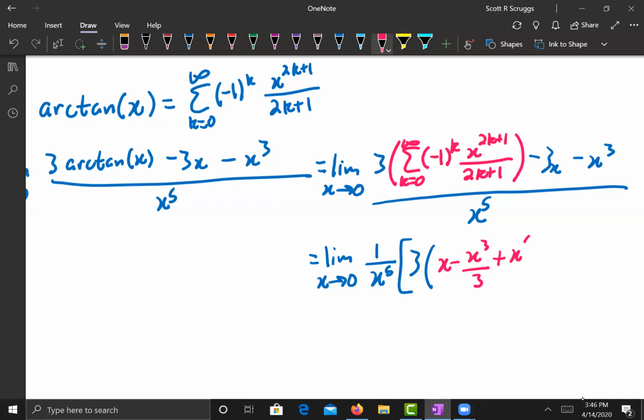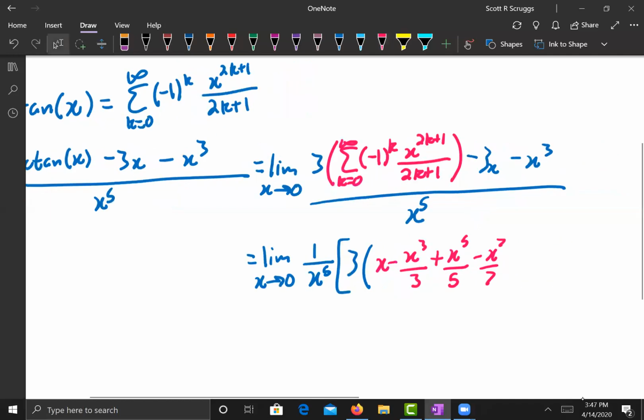So that's x to the 5th over 5. And then the pattern keeps going where the exponent and the denominator just increase by 2, and I alternate between plus and minus. Dot, dot, dot. Then I have that minus 3x minus x cubed going on.